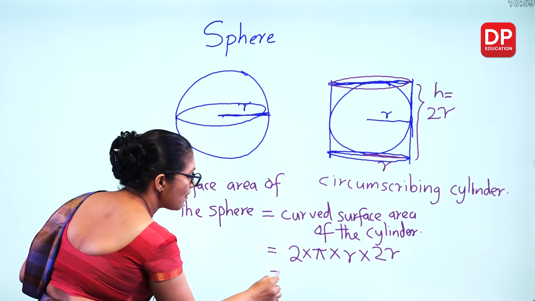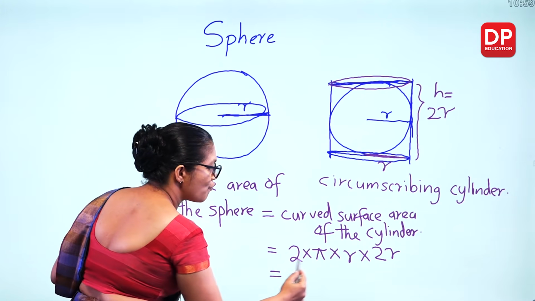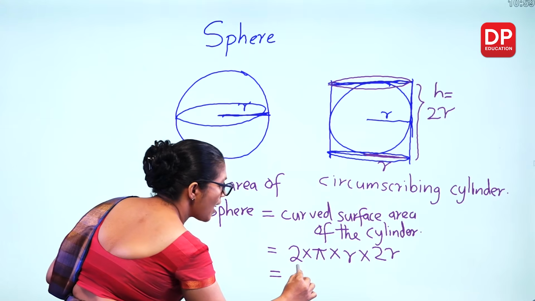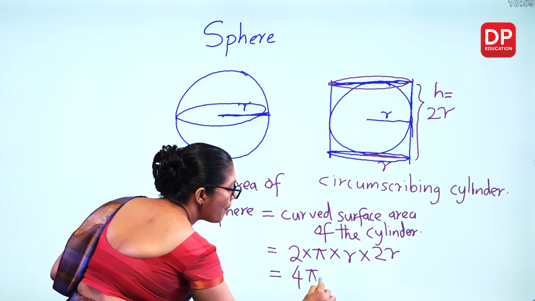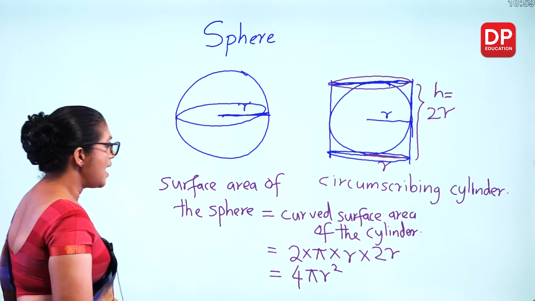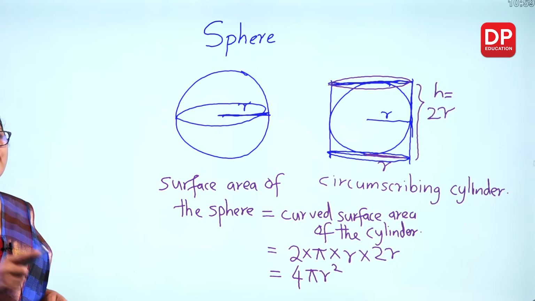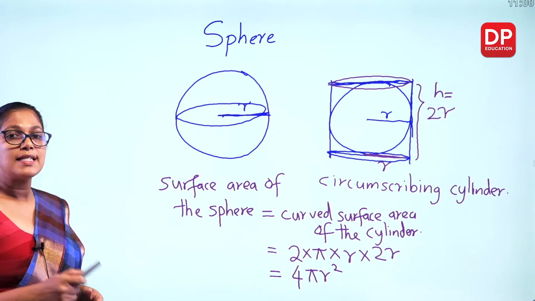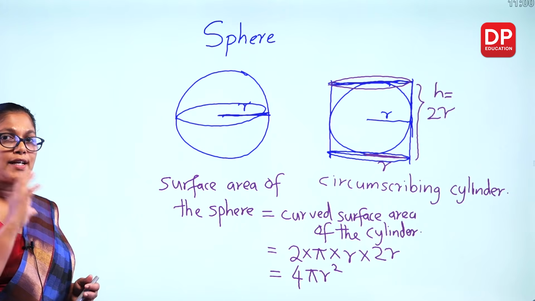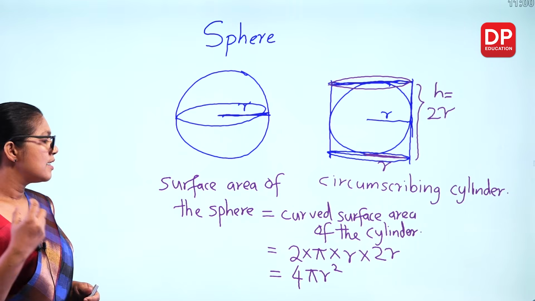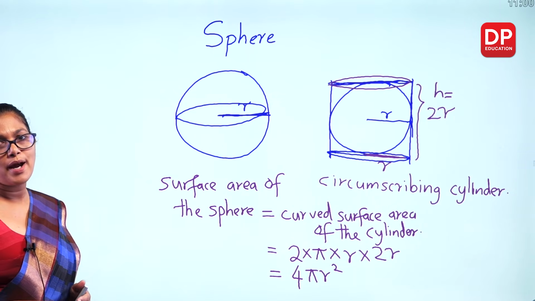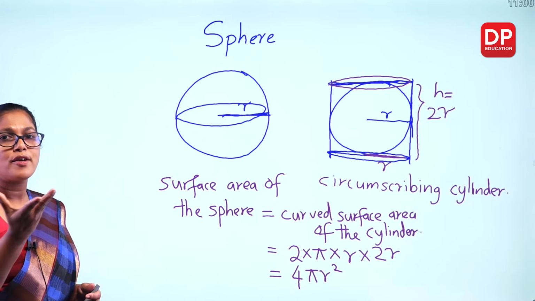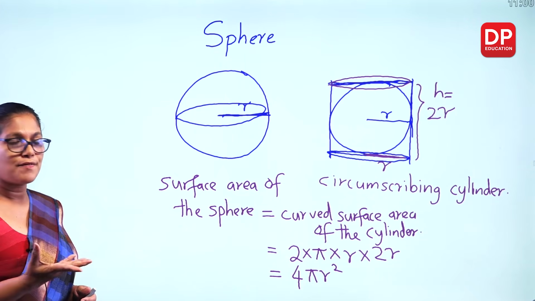When you simplify, 2 times 2 is 4, and r times r is r squared. So you get 4 pi r squared as the surface area of a sphere. Remember that's only the curved surface area, so you are not getting any other surfaces.